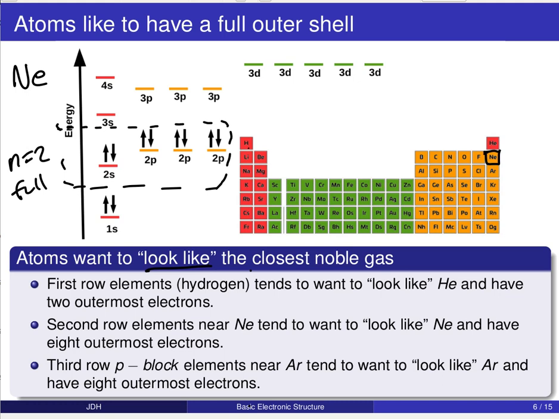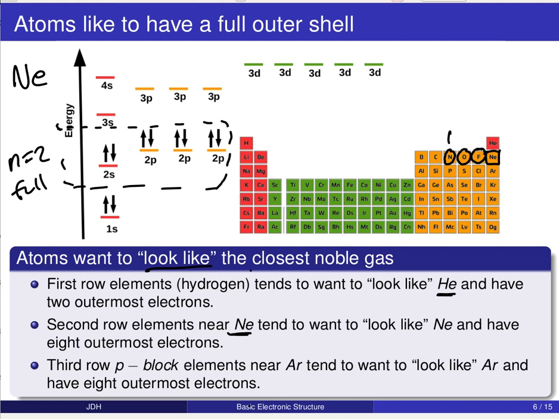Okay? So in the case of hydrogen here, this hydrogen atom tends to want to look like a helium atom. So it'll want to get another electron some way, somehow, in order to get that full outer shell to look like helium. All right? When you're looking at second row elements that are near neon over here, so for example, nitrogen, oxygen, or fluorine, all of these are going to have a tendency to gain electrons in order to look like neon.